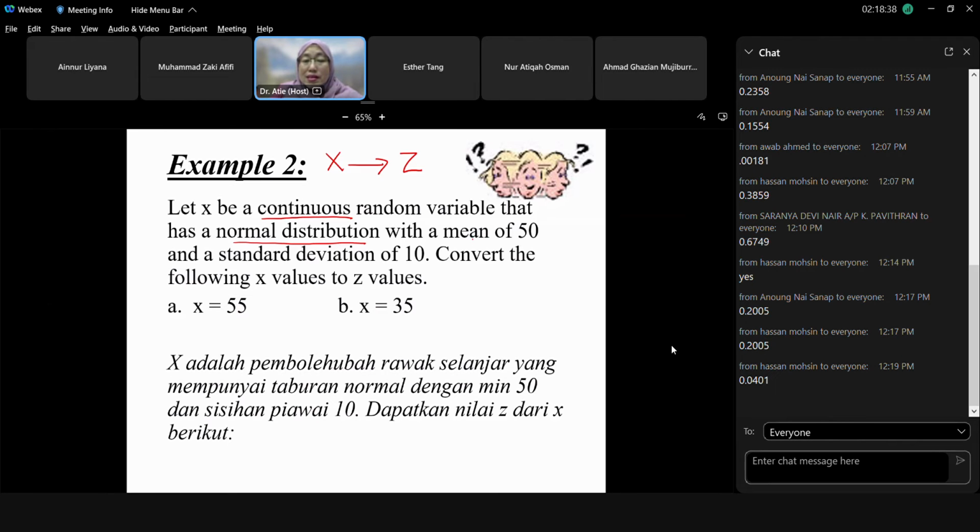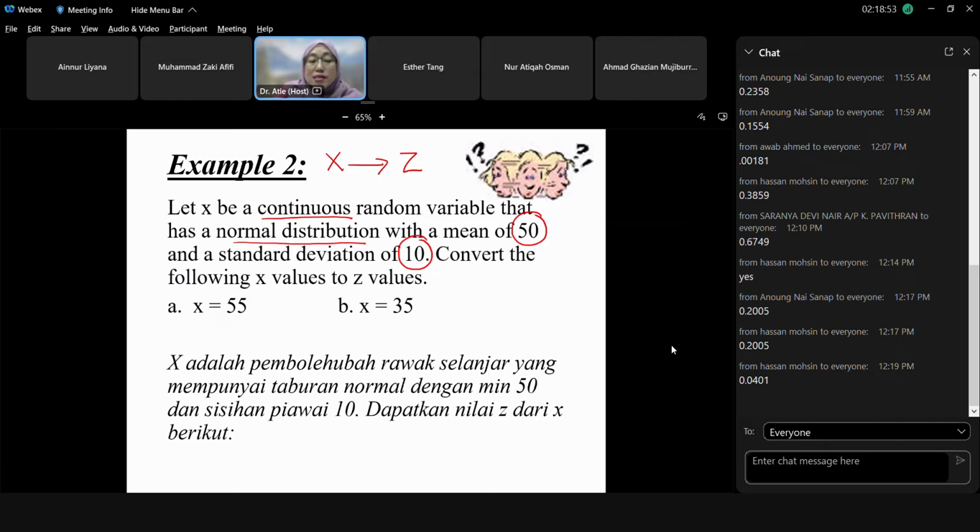In this case, we have 50 for the mean, and also 10. Circle these two numbers, or highlight them.